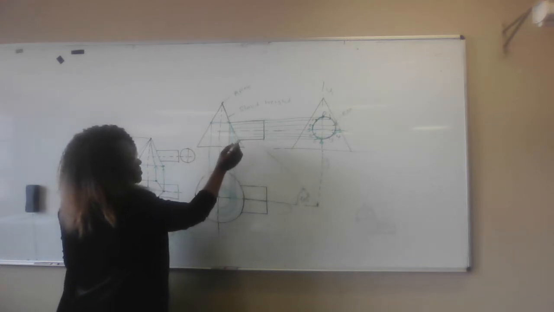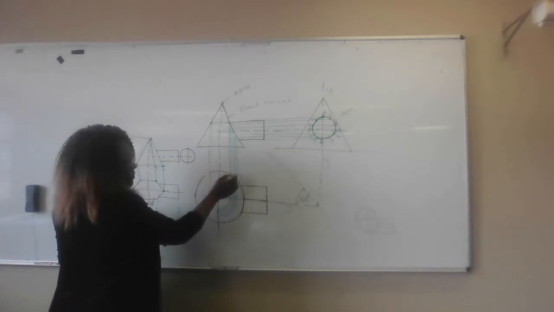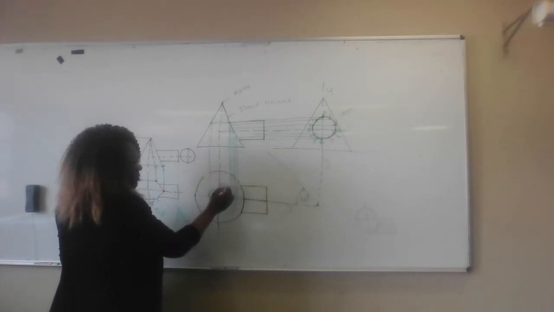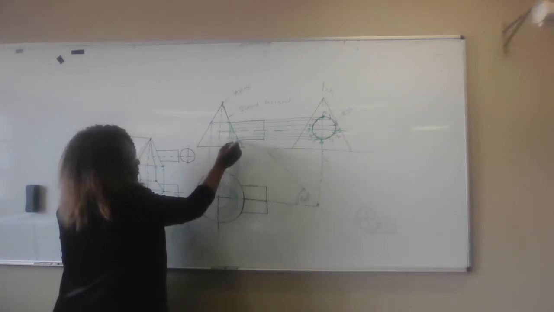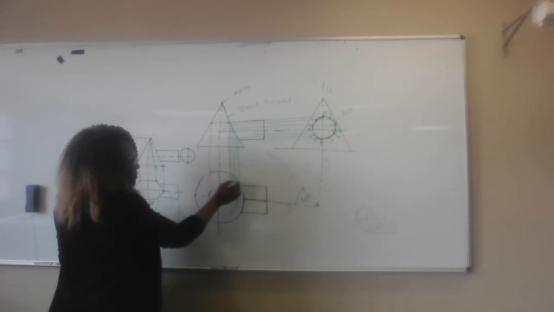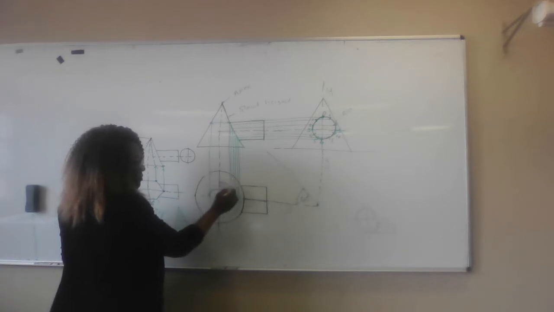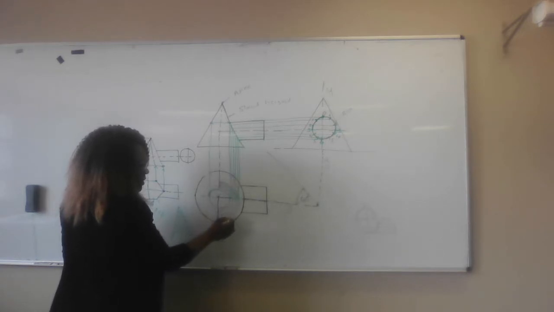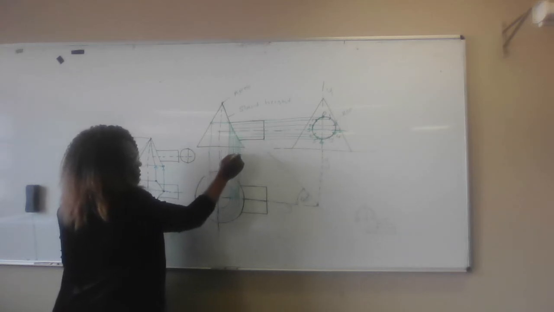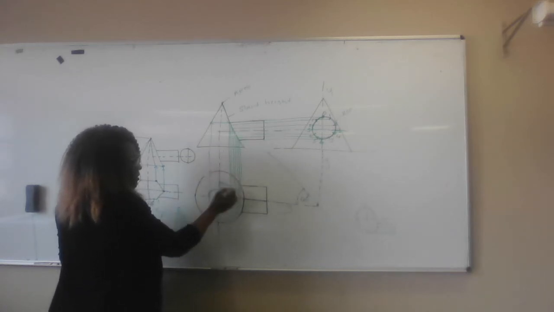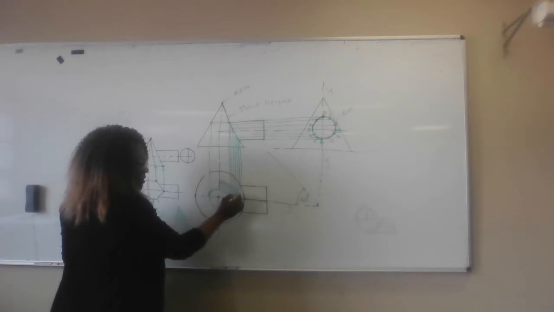This is point 4. Point 4. Point 5. Okay, and then our last point is the bottom one here, number 6. And then also you draw the circle here through 6.